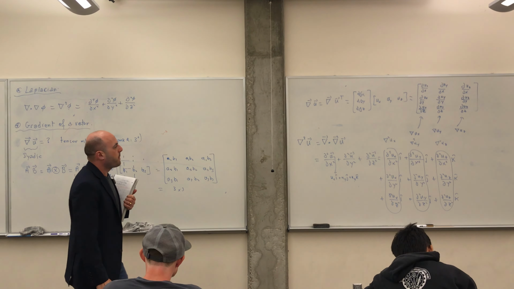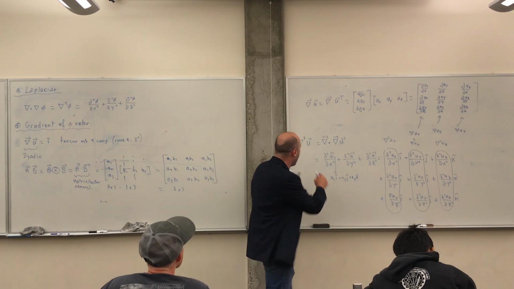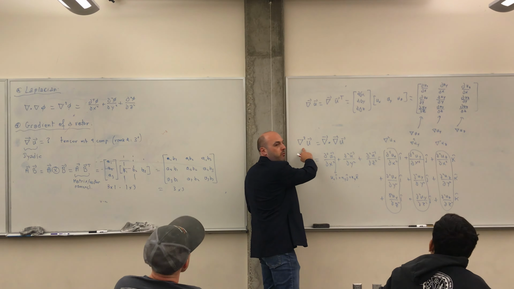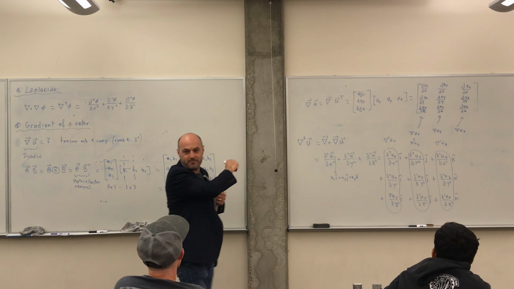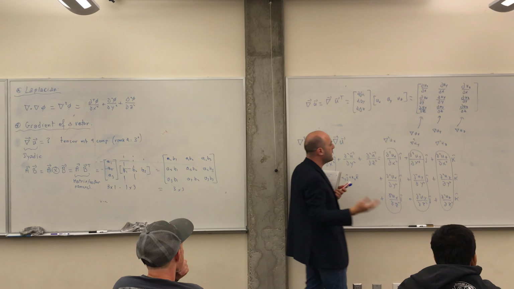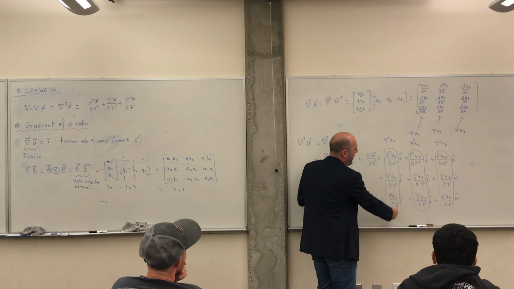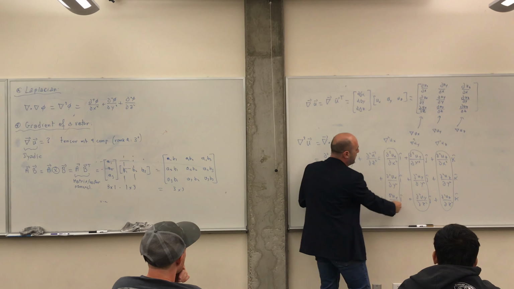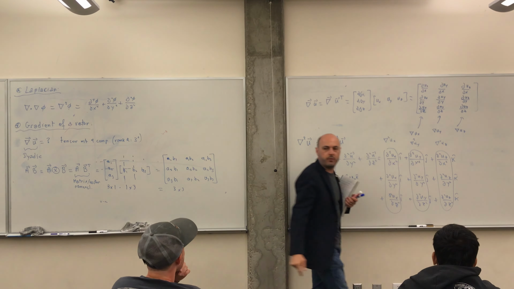Okay? Now, if you remember your undergraduate fluid mechanics, for incompressible flow, this is the contribution from the viscous stress tensor, right? But what you did in undergrad, when you looked at the Navier-Stokes equations, was just spell it out. The x momentum had this component, the y momentum had that component, and the z momentum had that component.